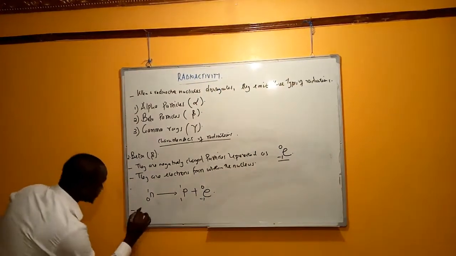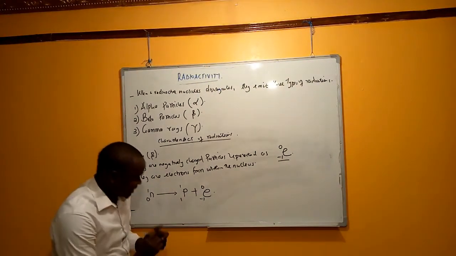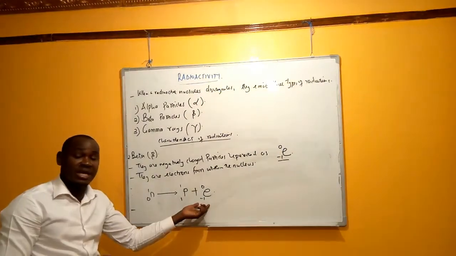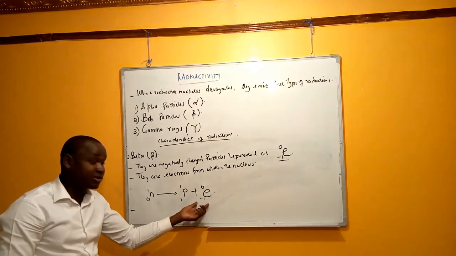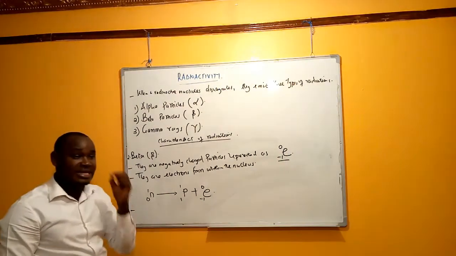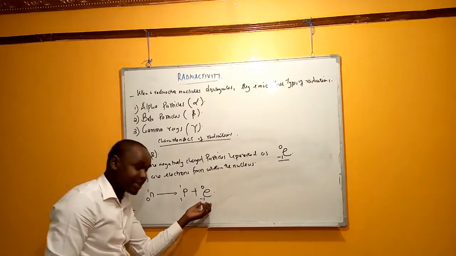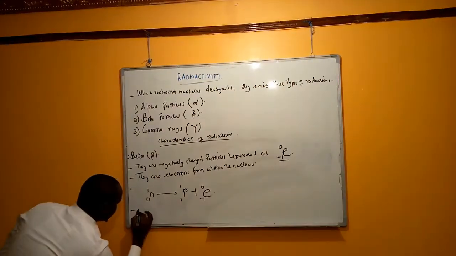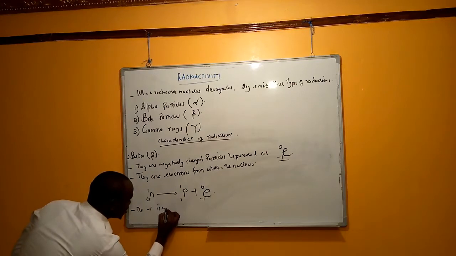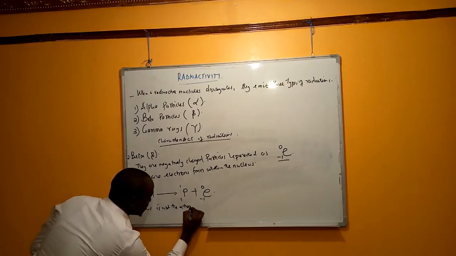As you can see, but you should not make a mistake. The negative one here is not the atomic number. Actually, it is the electrical charge on this particular electron.